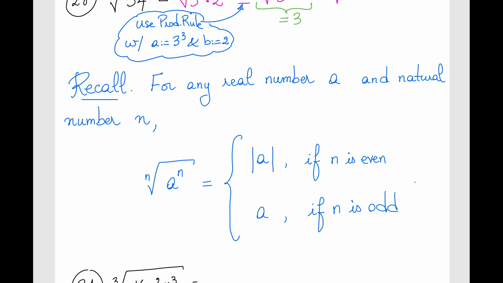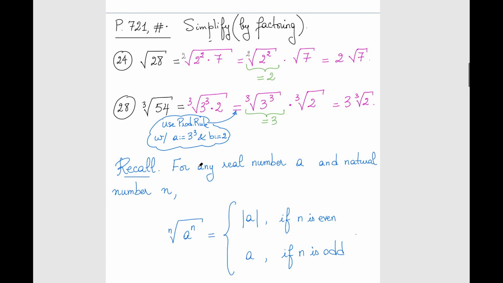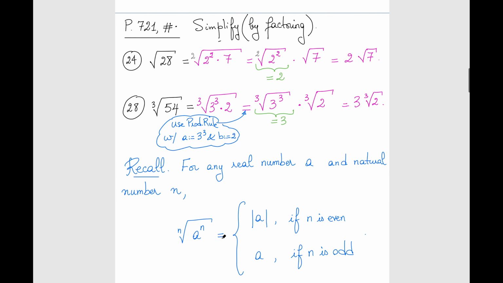So recall this thing: for any real number a and natural number n, the nth root of a to the n is equal to the absolute value of a if n is even, and it equals a if n is odd. I'm aware that we only proved it when n is 2, but the same proof is going to hold for any n that's even.